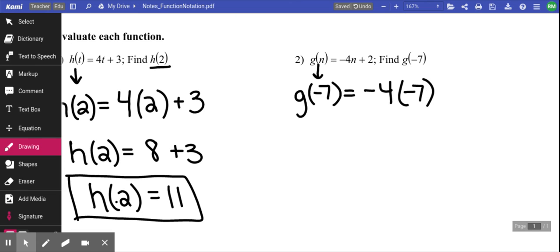So the n is right next to the -4. We're going to write -7 plus 2.